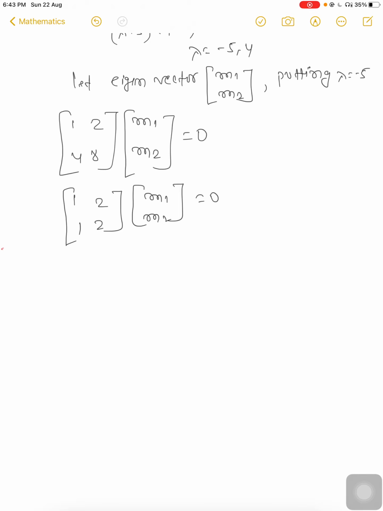After simplification, m1 plus 2 m2 equal to 0. So m1 will get 2 and m2 will be minus 1.